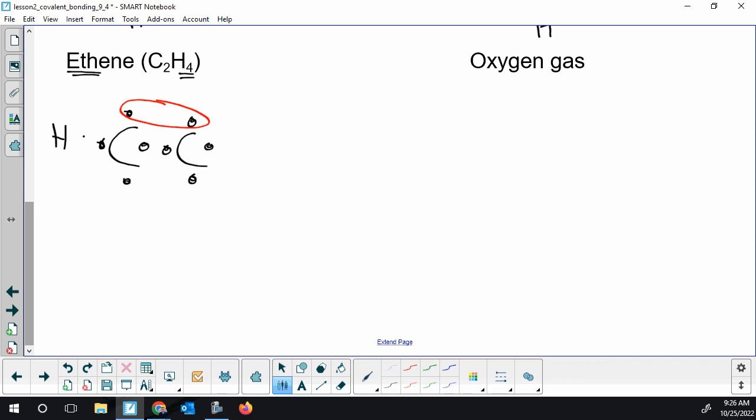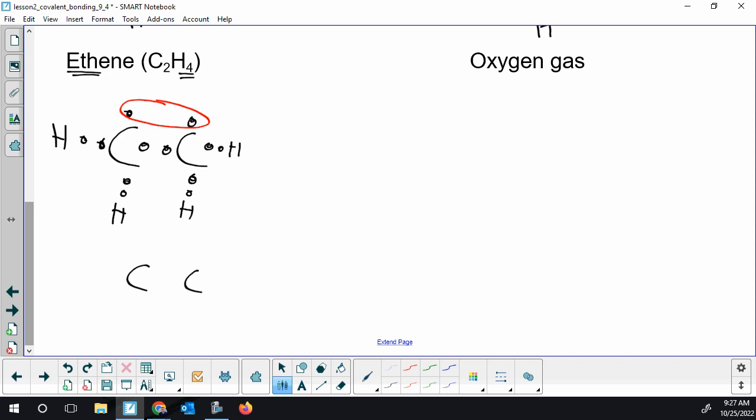My 4 H's match the 4 dots. So when you're putting things together, if you don't have enough other atoms to use up all the singles, you're thinking of pairing up a second set to make a double bond or potentially do it again and make a triple. So I'm going to redraw this.